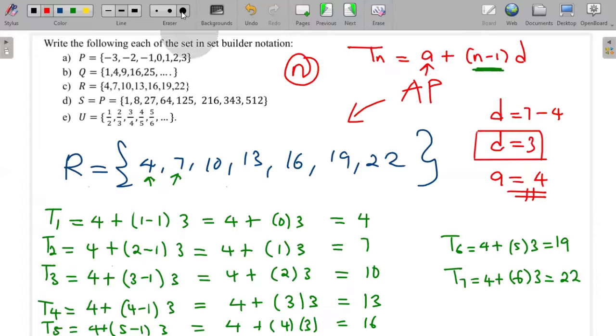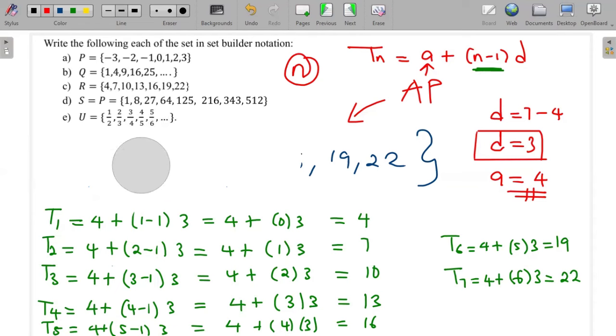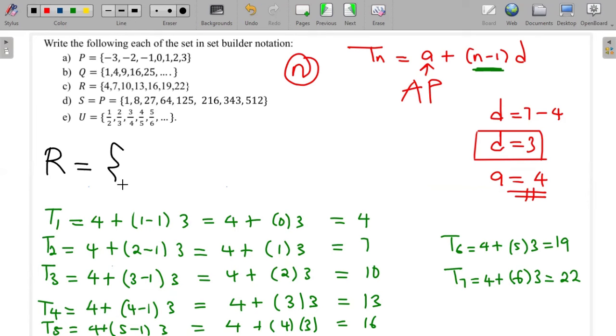So what I'm going to do now to represent this set, I'm just going to write it like this. R is a set of all x's such that x is equal to 4 plus 3n.